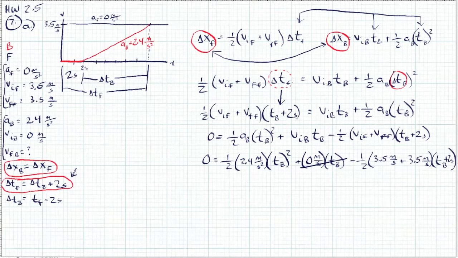All right, so this simplifies. Let's simplify this even further. We have a half out in front of this 2.4, so half of 2.4 is 1.2, times time of our biker squared. This whole middle part went away.